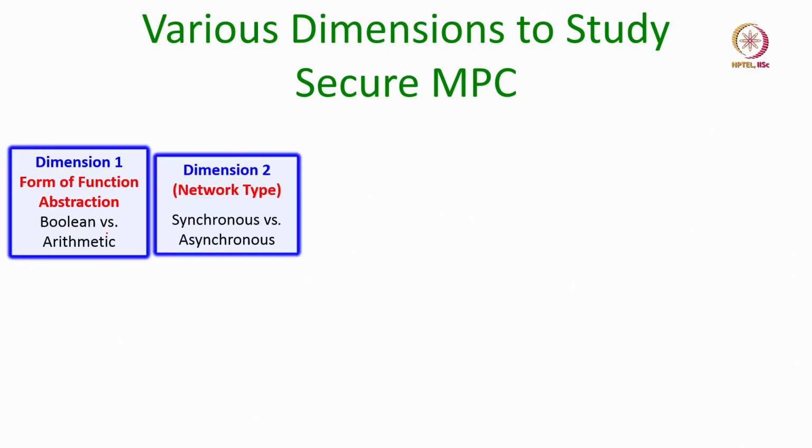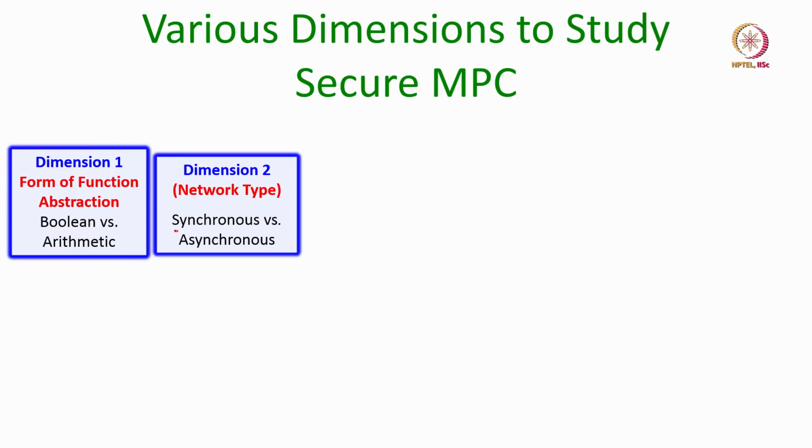Dimension 2 is based on what kind of communication network is available among the parties. Whenever we want to design a secure MPC protocol, according to the protocol the parties have to exchange messages, and those messages will be exchanged over the underlying network. There are two types of communication models considered in the literature.